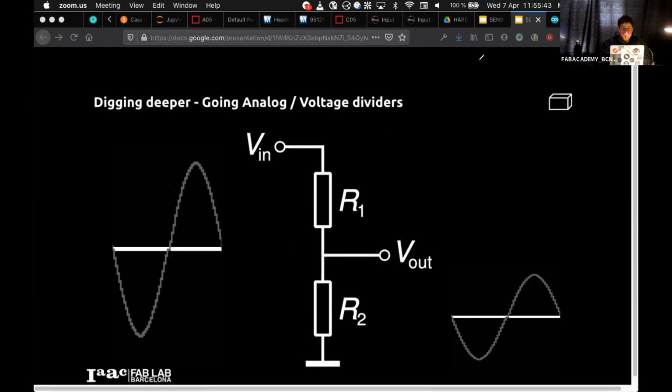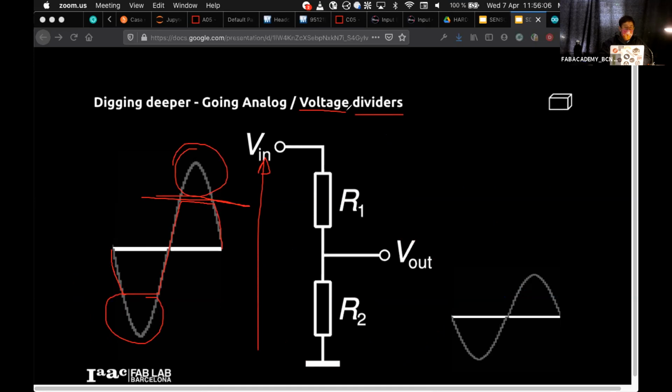Otherwise, what will happen is that your reading is going to be looking like this. And here, all this part and all this part, you miss it. Okay, so basically you have to use this, which divides voltage, nothing else, with 2 resistors.